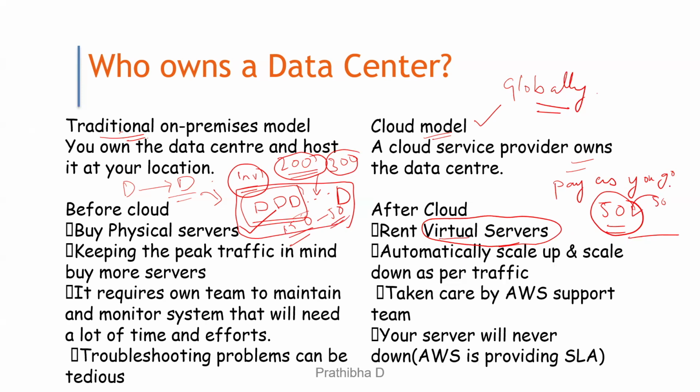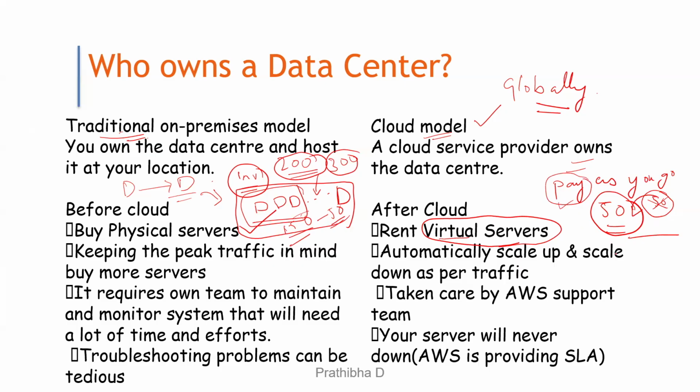So I can keep expanding, or if I'm not using it, I can delete those servers. So I can scale in and scale out. This option is available in your cloud. Okay, so that is the main advantage of my cloud model. And you're paying only for those services which you're using.